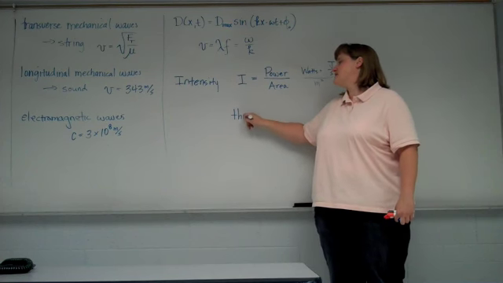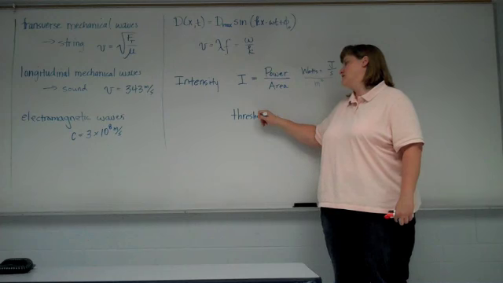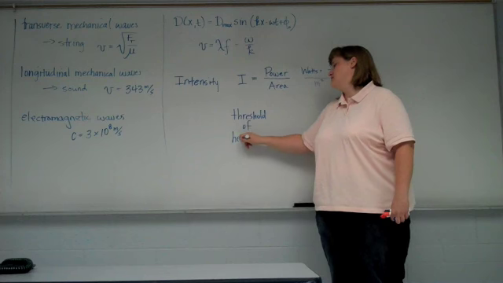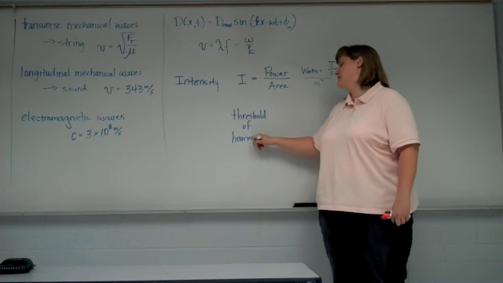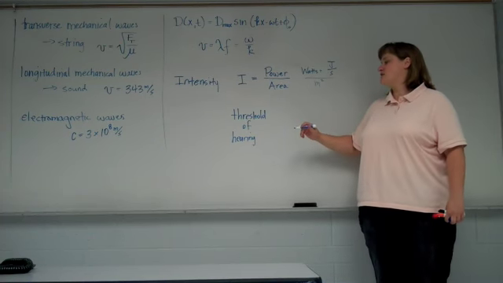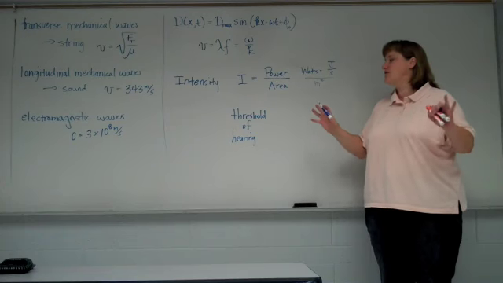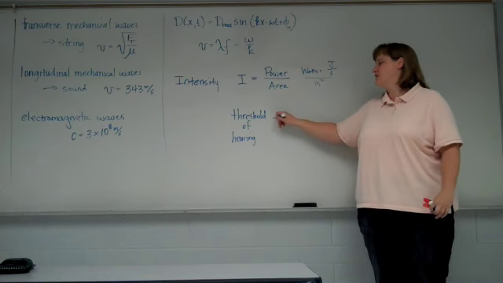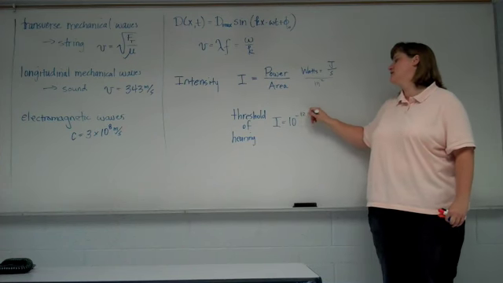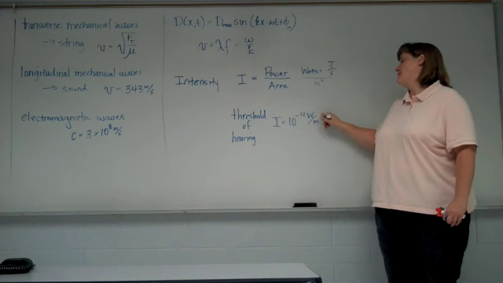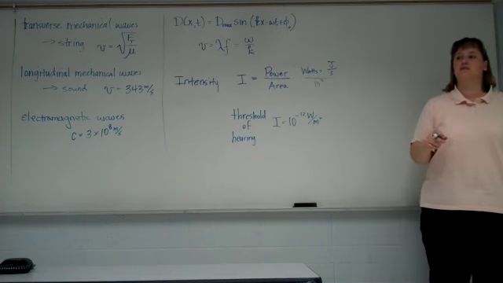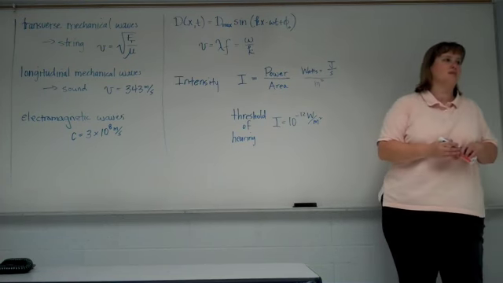The smallest intensity that people in general can hear, and of course it varies from person to person, we call the threshold of hearing. So in general, for people with normal hearing, the smallest intensity a person can hear is 10 to the negative 12th watts per meter squared. It's a very, very tiny number.